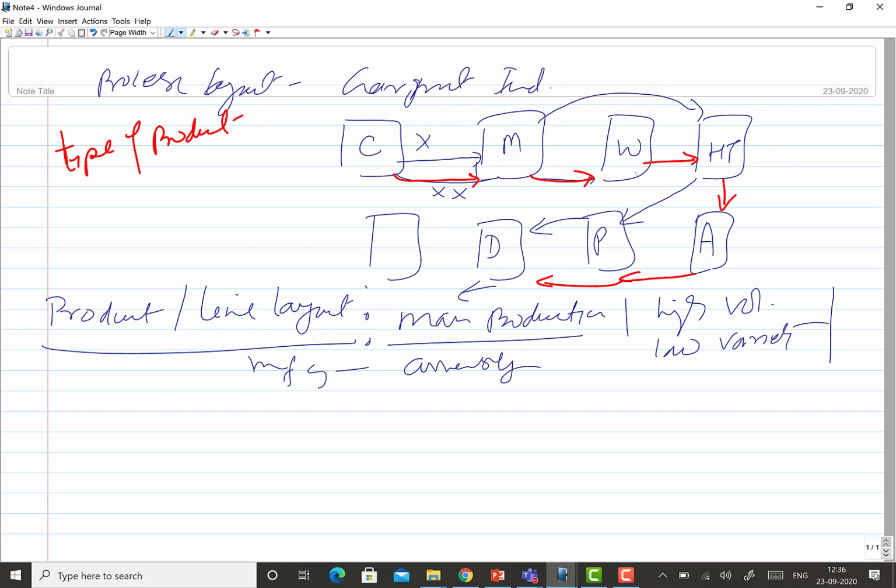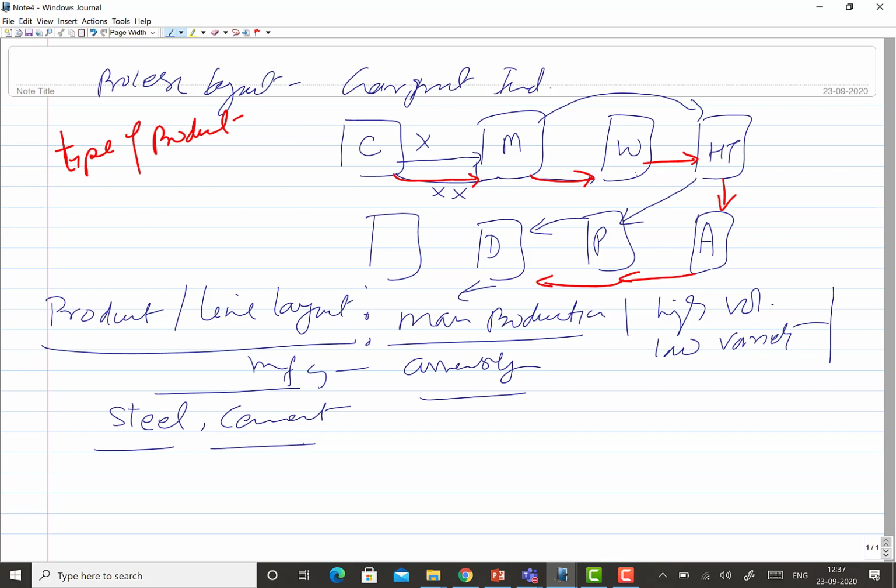There also we follow the line production. In manufacturing, like steel and cement, raw material production, these industries start from the raw material and go to the final finished stage, with the material moving in a particular line only.